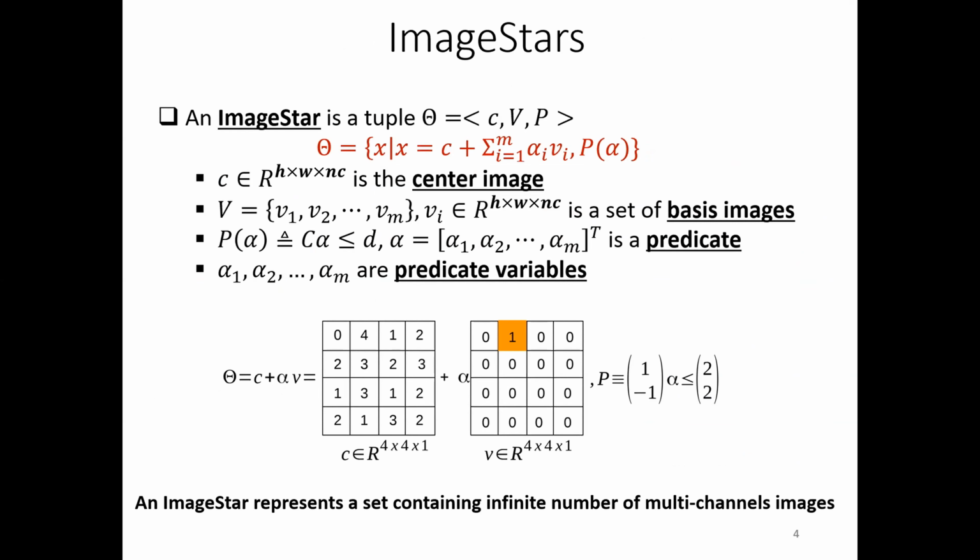Any image in an image star is a linear combination of the center image and the basis images. To bound the set, we have a constraint on the predicate variables. So we can see that an image star represents a set of an infinite number of images.